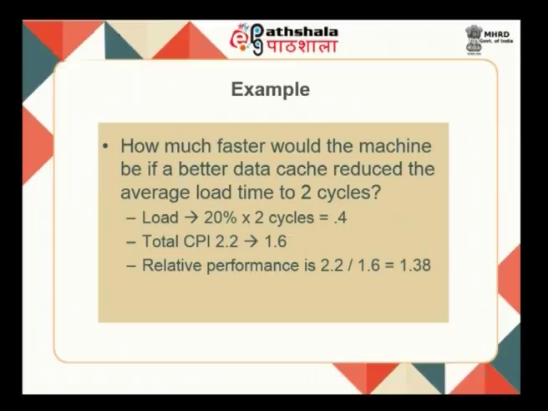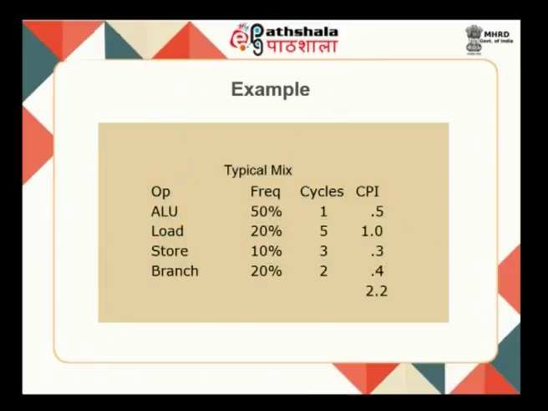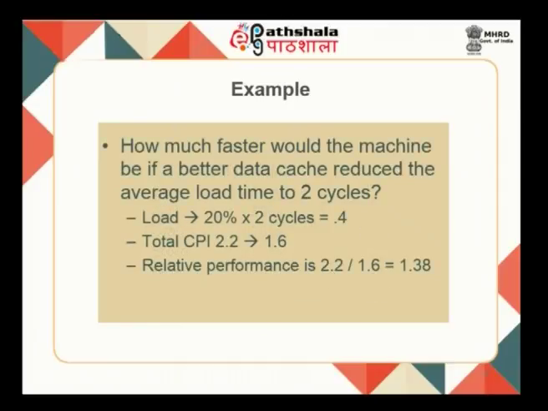Now, you have another example here where we are trying to find out how much faster the machine would be if a better data cache reduced the average load time to 2 cycles. Initially you find that the load takes 5 cycles, and now because you have brought in an improvement in the system, the load time is reduced to 2 cycles. You know that loads constitute 20% of your instruction mix.